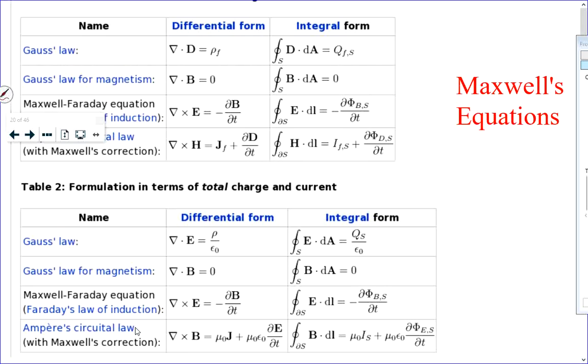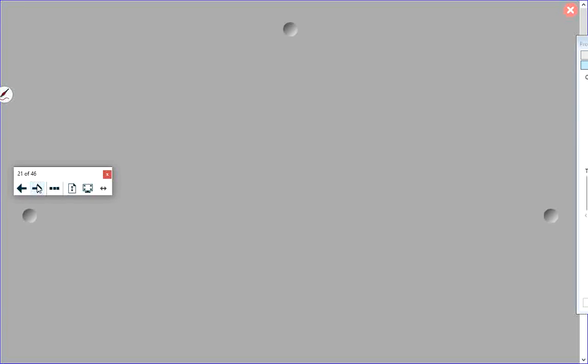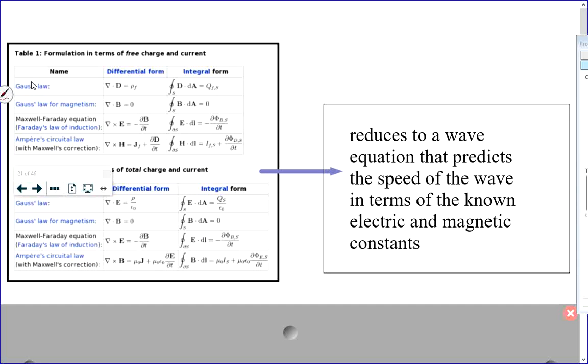These are his equations that he was working with, and I call them Maxwell's equations, but really Ampere came up with one, Gauss came up with a couple. There's called the Maxwell-Faraday equation. There's something called the differential form and an integral form. Man, it's just math. And it turns out that if you take all those equations and use algebra with them, it reduces to the following statement.